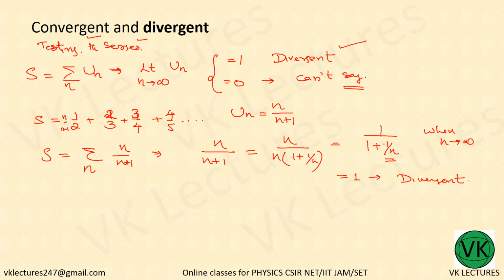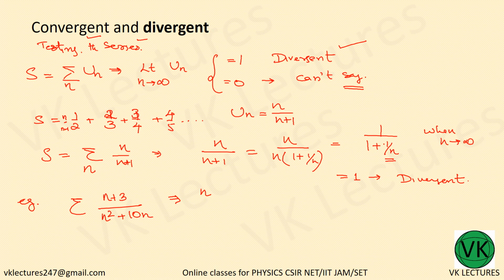Okay, now another example we can take. Sum over n plus 3 divided by n square plus 10n. So similarly, what we have done with the previous case, you have to take n, which is tending to infinity, out of the numerator.